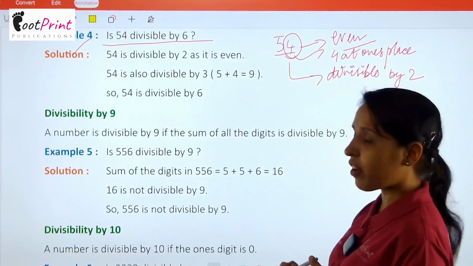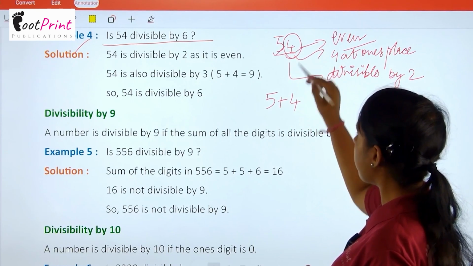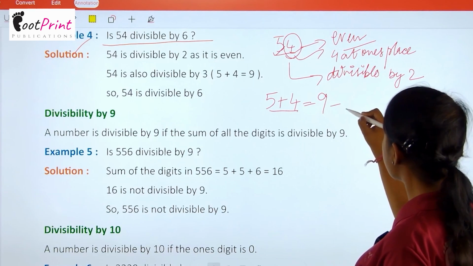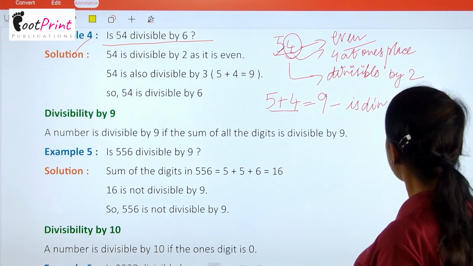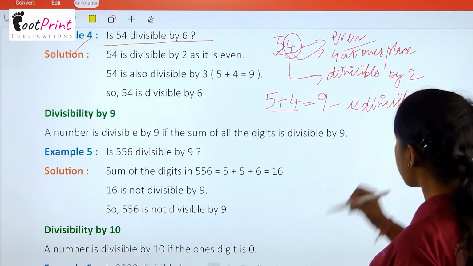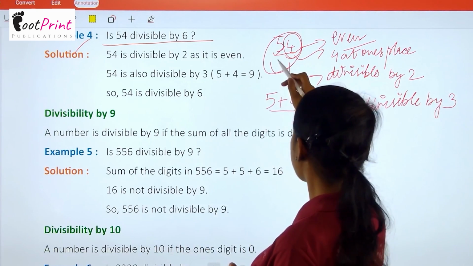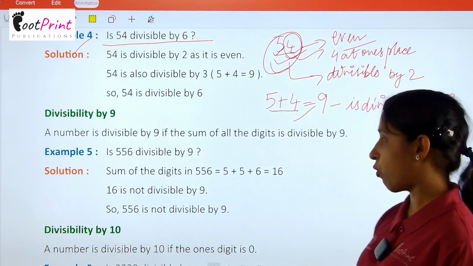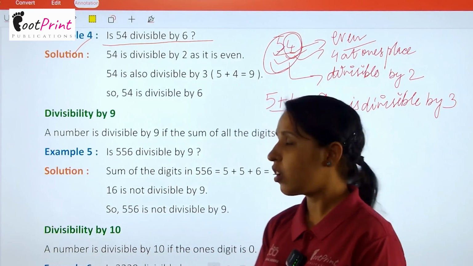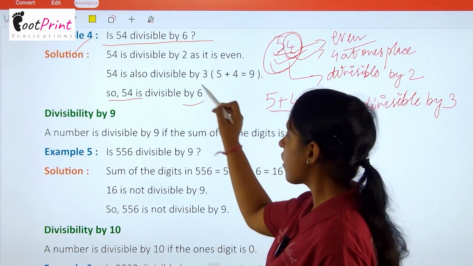For 3 we have to find out the sum of the digits. So here 5 and 4, and the sum of 5 and 4 is 9. It means 9 is divisible by 3. So we can say that 54 fulfills the requirement of divisibility by 2 and 3 also. It means 54 is divisible by 2 and 3 both. So we can say that 54 is also divisible by 6.